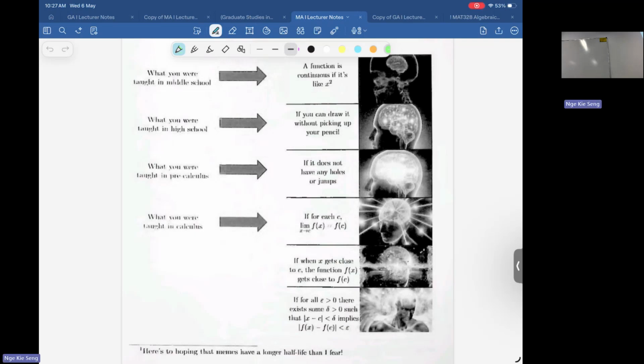Right, so this is like the high school, or pre-university, foundation, whatever. So this is the last level. Big brain. Actually, the last one is still not it. What else is a big brain? Because it assumes f(x) and f(c), so you need to define what is f. So maybe you define f as a relation.